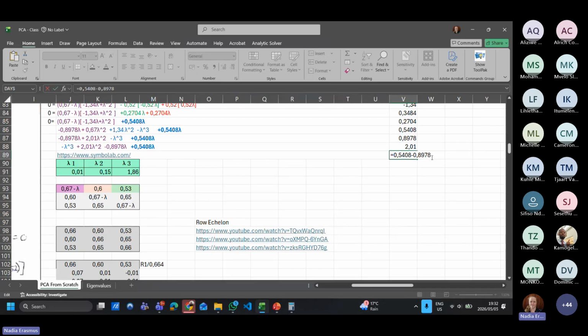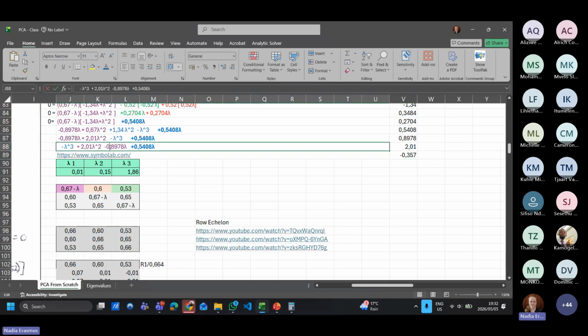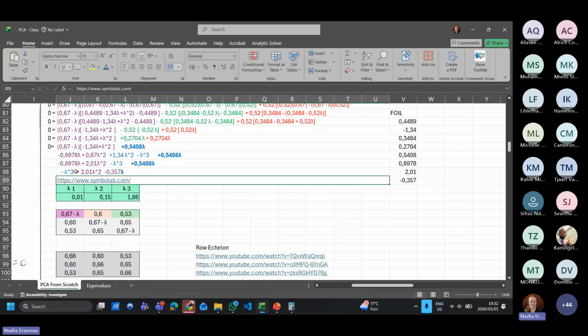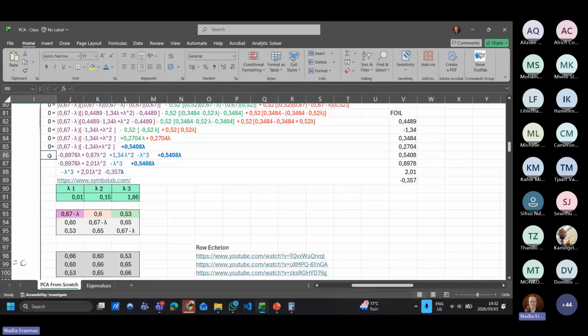It didn't give 0.98978. Okay, so that one simplifies to negative 0.357. Okay, and there are no other values, so this is going to be your total in the end.